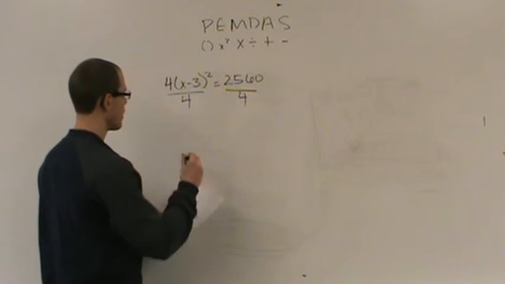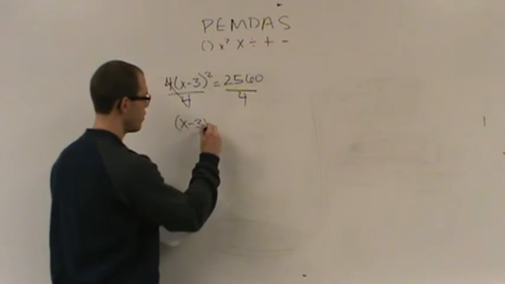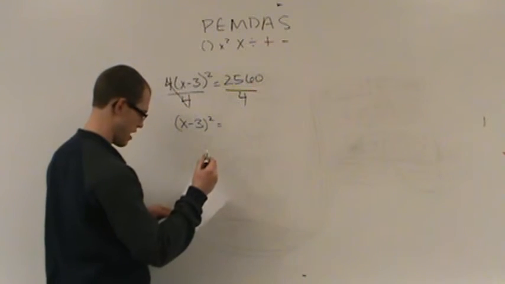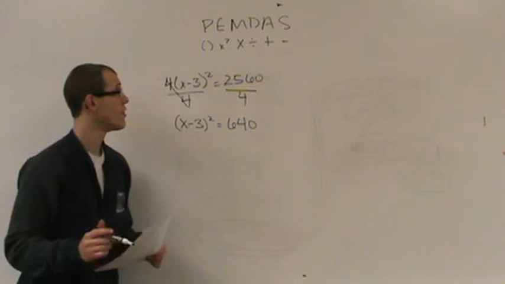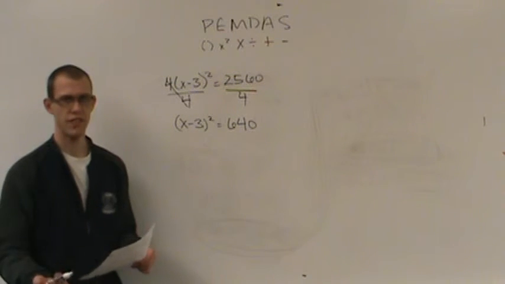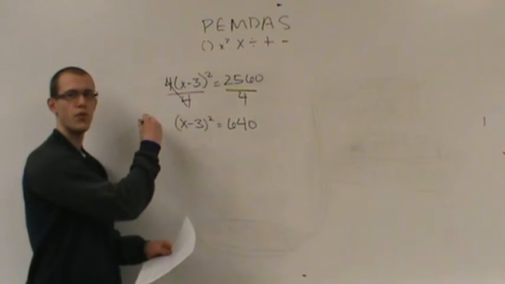And when you do this on your calculators, you'll have your left side be x minus 3 squared, and on the right side you'll have 640. Then we look at exponents. Do we have any? Yeah, we have this quantity squared, so we're going to square root it to undo it.